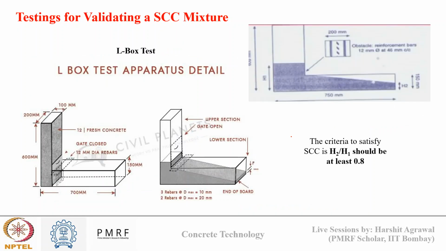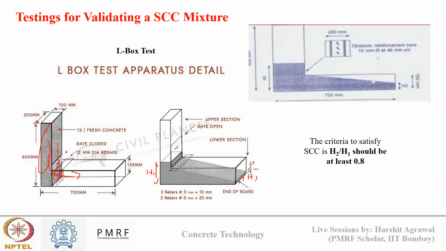Then in the L-box test, again same as the U-box test, we fill the concrete here. There is a door here and there are channels here, reinforcement acting as blocking rods. Once the gate is opened, the concrete will try to flow through this channel. The difference in height, this is my initial height H1 and this is my final height H2.